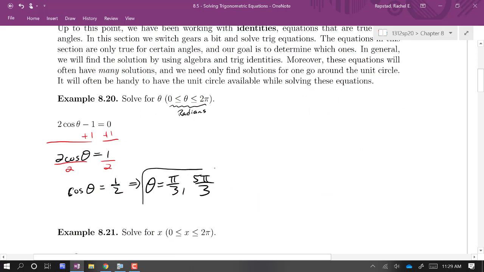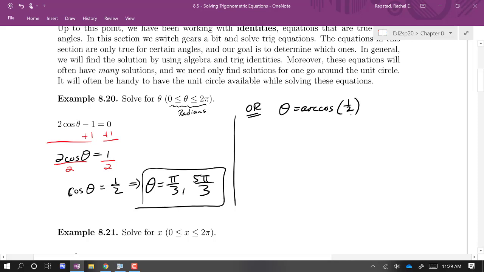And there we are. Now, if we didn't think about using the unit circle, we could still solve this by saying, look, if cosine theta is 1/2, that means that theta is arc cosine of 1/2.